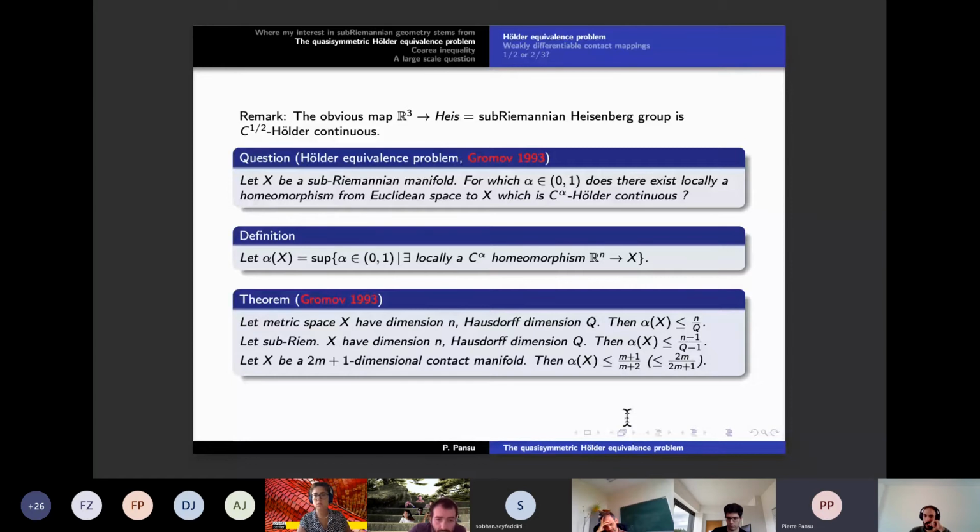In the sub-Riemannian case, you can get (n-1) over (q-1), which is a number we've seen previously. It's the same I get for the quasi-symmetric version of alpha, which is a little bit better. That's an improvement on the previous one. And in the special case of contact manifolds, Gromov can even improve again upon the two previous bounds. A bit later, I will explain how it proceeds.